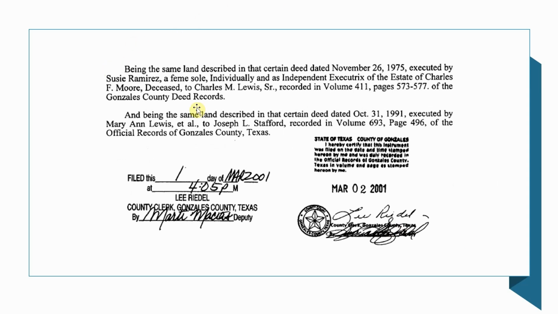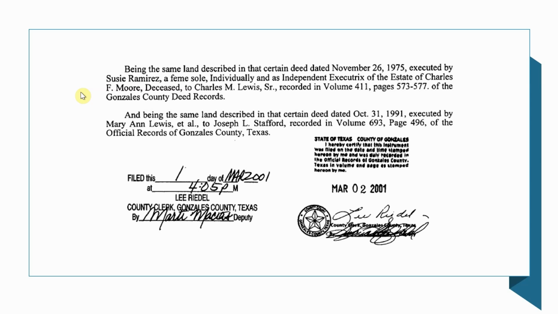So then we get to the last bits of it, being the same land described in that certain deed dated November 26, 1975, executed by Susie Ramirez, a feme sole, individually as an independent executrix of the estate of Charles F. Moore, deceased to Charles M. Lewis Sr., recorded in volume 411, pages 573 to 577 of the Gonzales County Deed Records, and being the same land described in that certain deed dated October 31st, 1991, executed by Mary Ann Lewis et al.